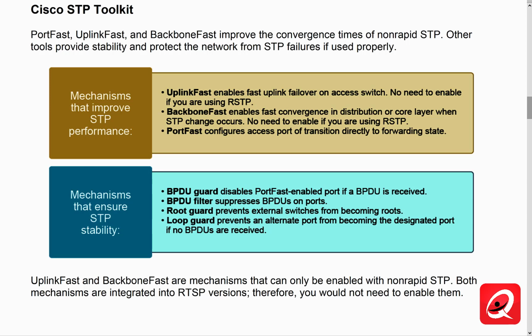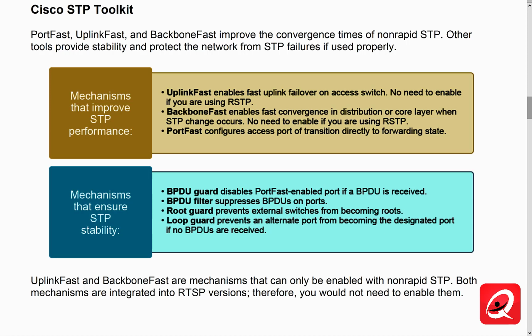So essentially, if BPDU Guard is enabled on a port, if that port receives a BPDU, the port will error disable, meaning that it will basically shut down. We can use the error disable recovery mechanism to recover the port, or we can do a no shut on the port to recover the port. But the idea is that we would enable this BPDU Guard feature on interfaces that might be facing our hosts.